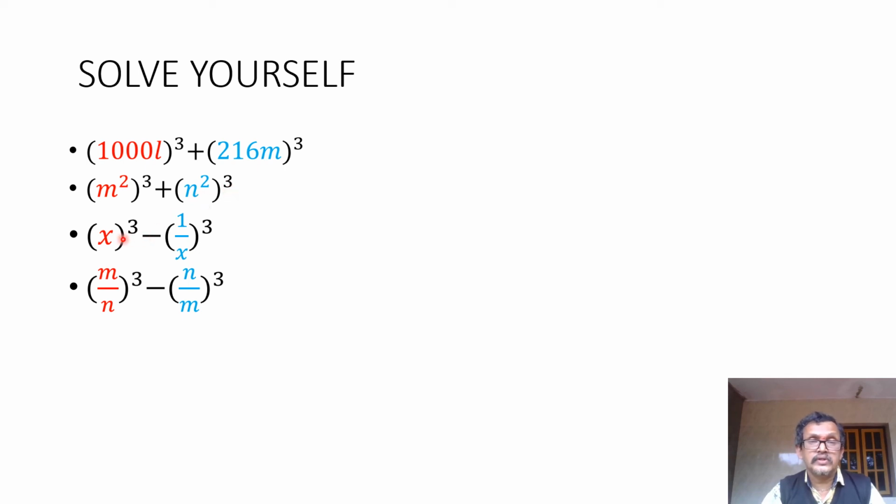Then x cube minus 1 by x whole cube. Solve carefully: what is a, what is b, and substitute carefully, then you will get the answer clearly. Then m by n whole cube minus n by m whole cube. So these are the four problems.